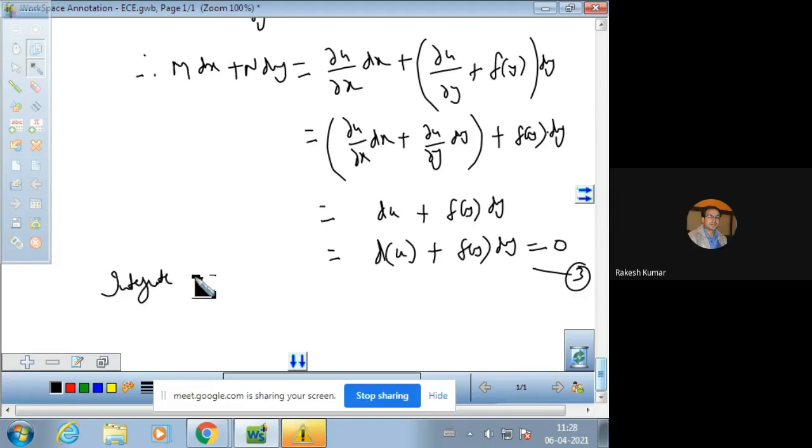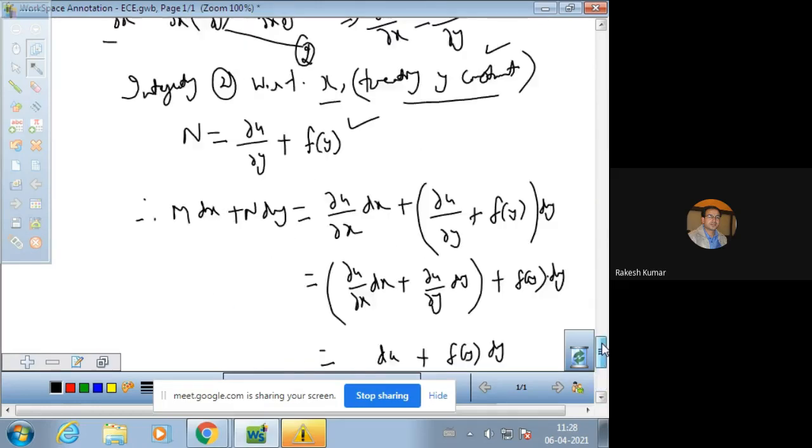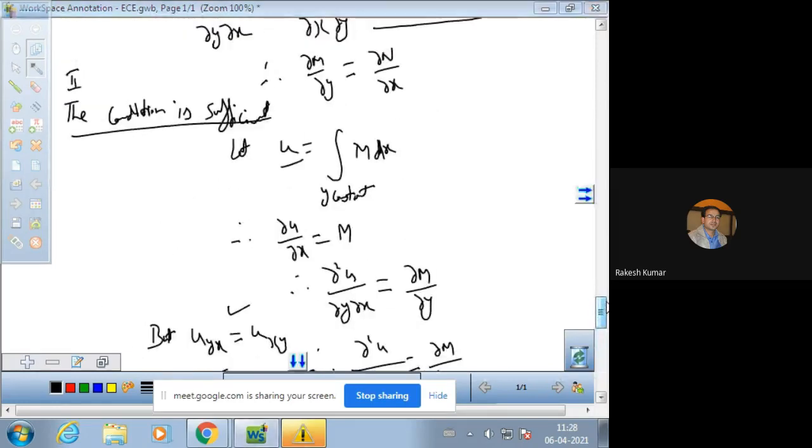So integrating 3, you should have u plus, because the integration of du will be u, and the integration of f of y dy is equal to some constant of integration. But for u, if we see the value of u, we have taken u equal to the integration of M dx with respect to x, keeping y constant.